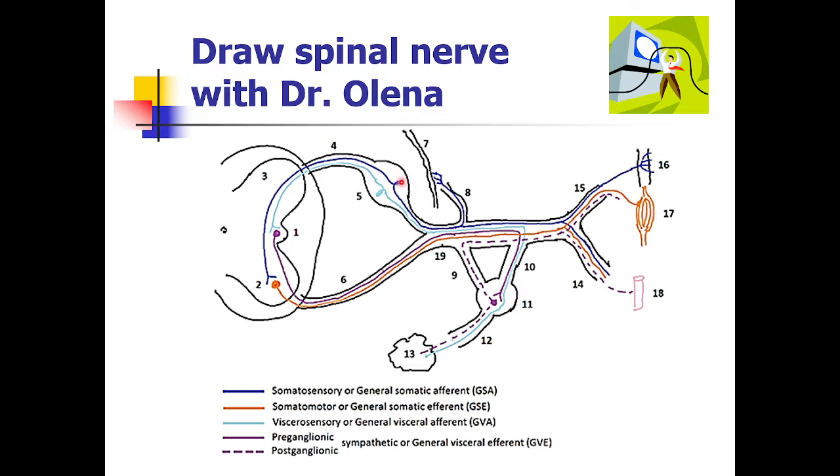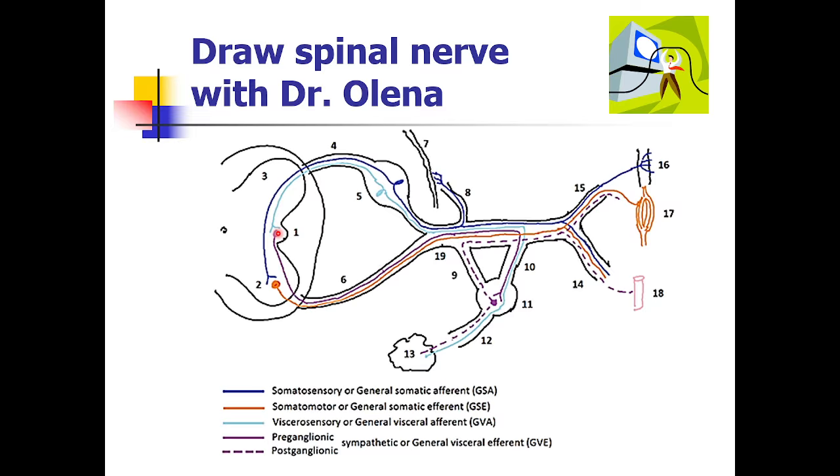Those dark blue are my general afferents from skin, through the dorsal root and down to the spinal cord. Now something new I'm talking about here, and that is the lateral horn. The lateral horn is formed by sympathetic neurons.